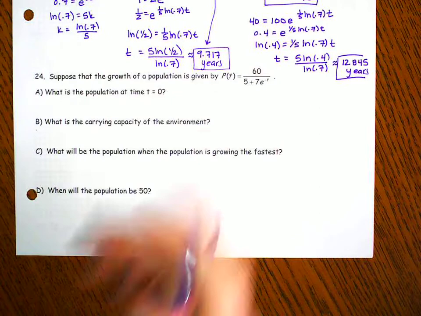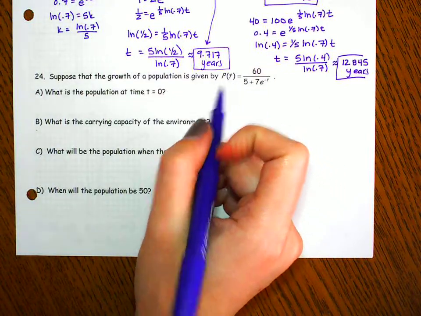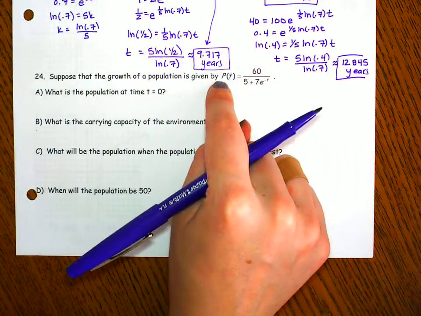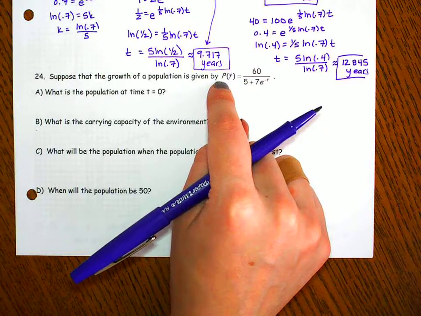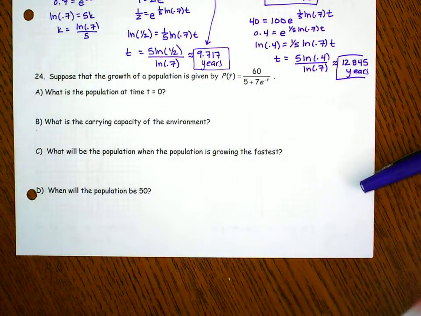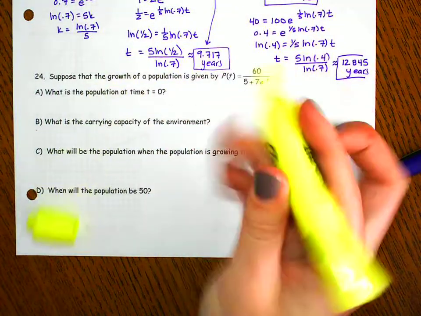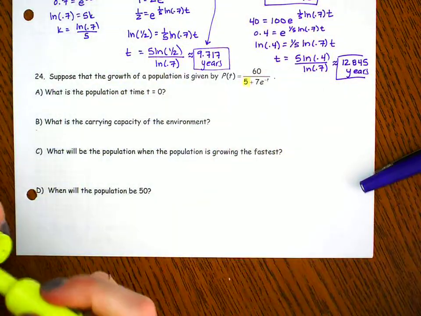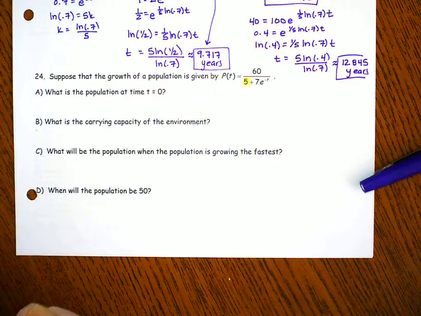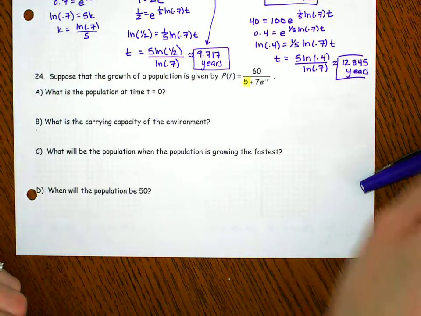24, suppose that the growth of a population is given by this function. If you were to look at your original paper, you would notice that this thing right here in the formula has to be 1. This will come up later, but let's fix that right now.